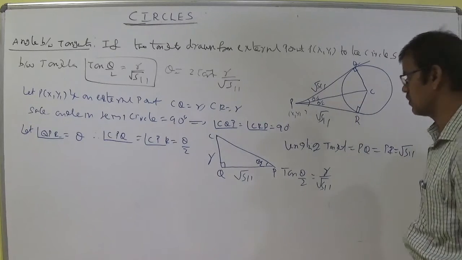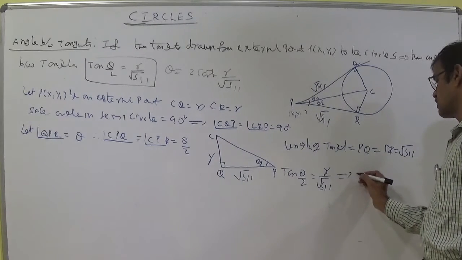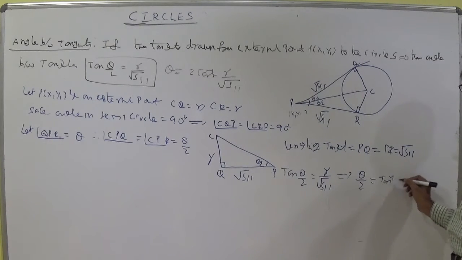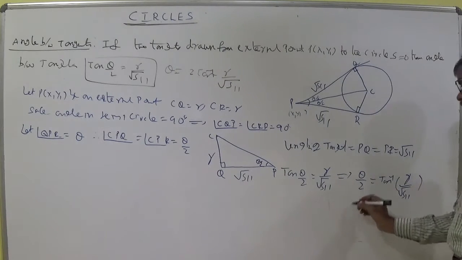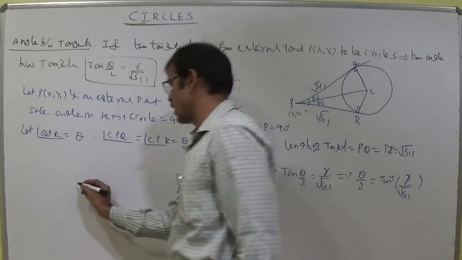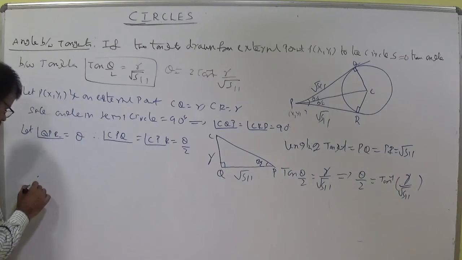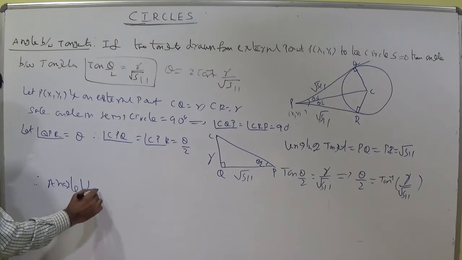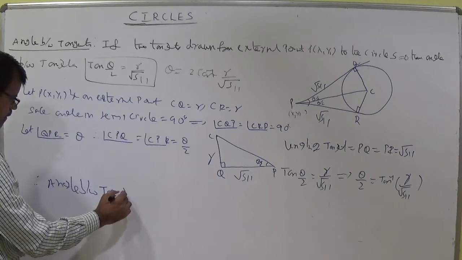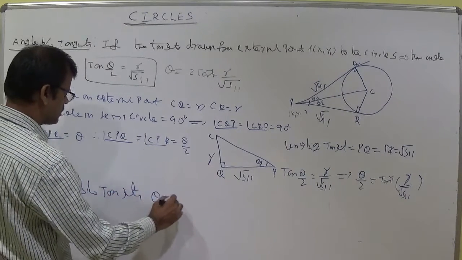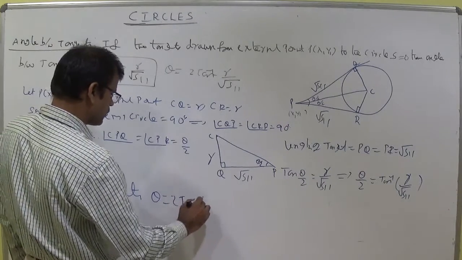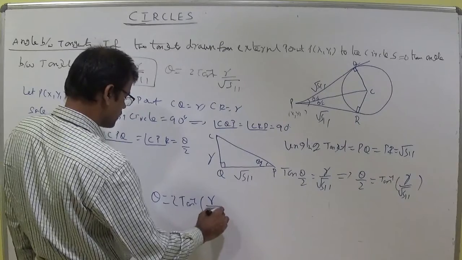This is the formula. That implies theta/2 = tan inverse r/root S11, theta = 2 tan inverse r/root S11. Therefore, angle between tangents is equal to theta = 2 tan inverse of r/root S11.